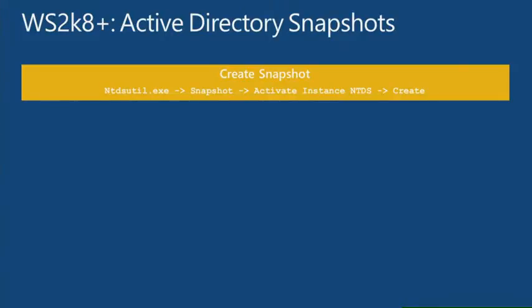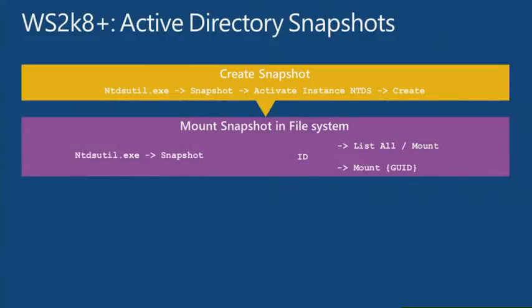We also moved to Windows Server 2008 before it got officially released in our production environment, just to have those Active Directory snapshots. So what you can do here is create a snapshot of the Active Directory database at one point in time.